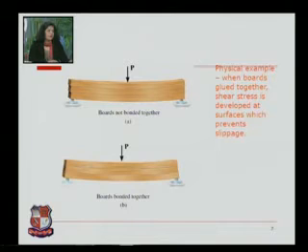The physical example I am showing in this diagram is that when boards are glued together, the shear stress is developed at surfaces which prevents slippage, right? So in the first diagram, when we are not bonding it together with the help of glue, there are chances of slipping, but to prevent the slipping we glue or bond it together.